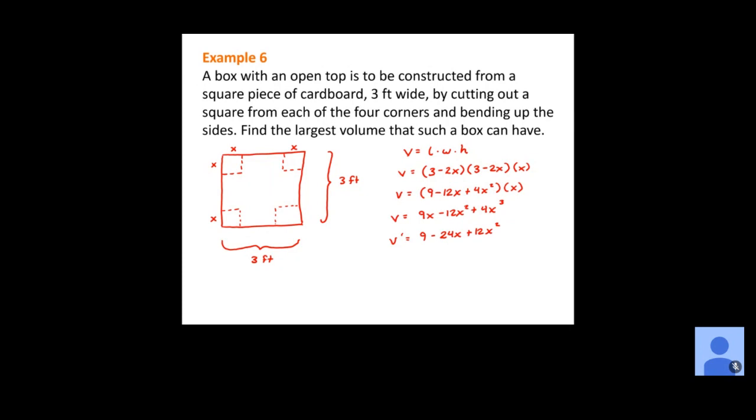Now, once we have our derivative, what are we going to do with it? Good, right? We need to set it equal to 0 because remember, once you have the derivative, it could have a min or a max wherever the derivative is equal to 0. We set this equal to 0. How are we going to solve this now?